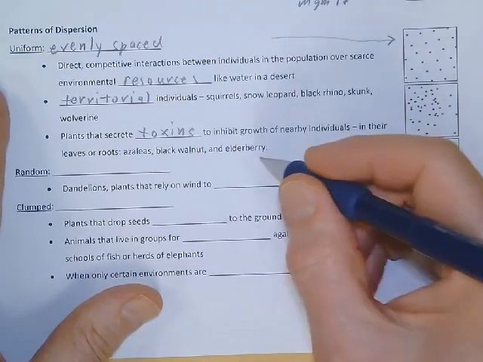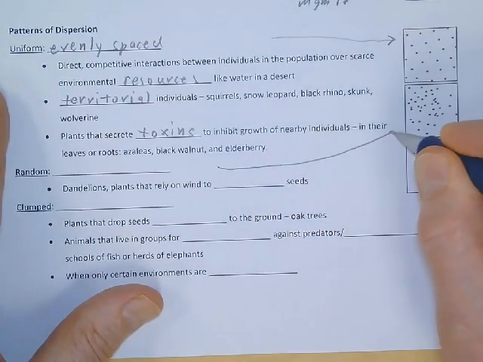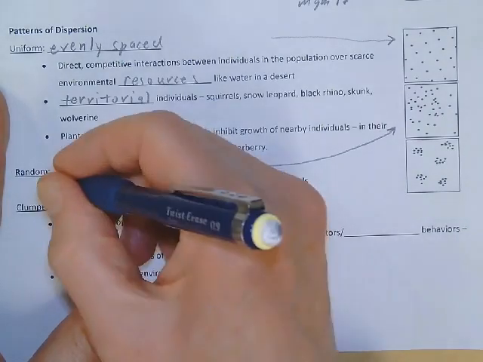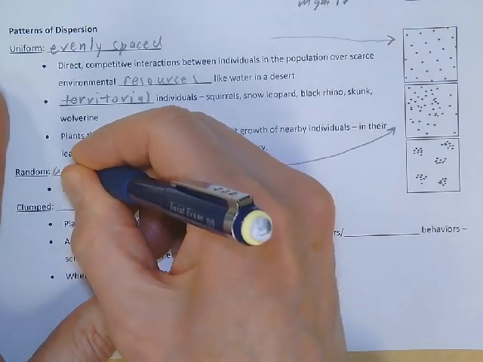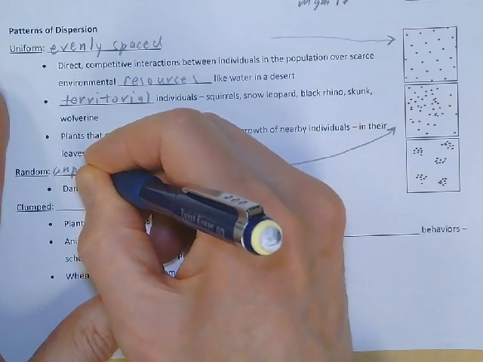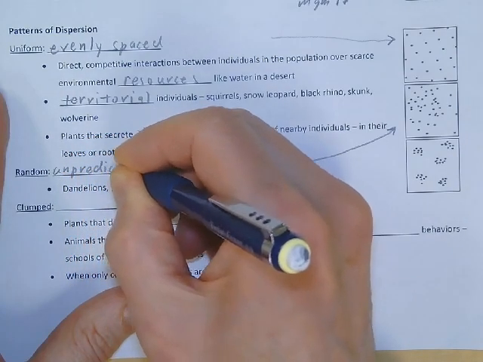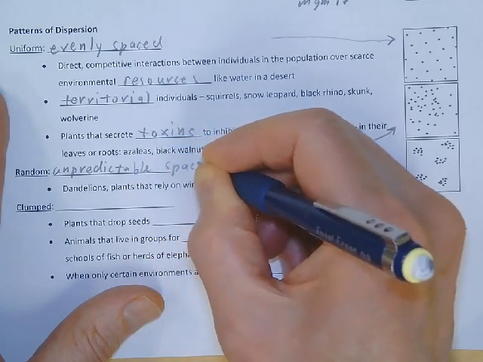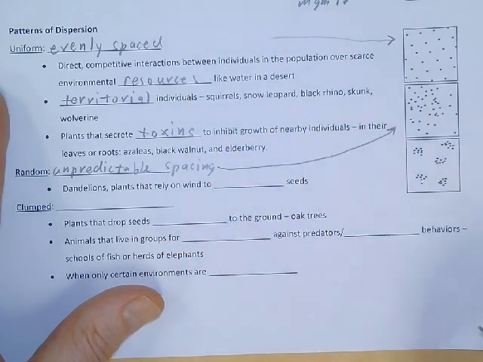Okay, so the next sort of distribution is the random distribution. It's completely unpredictable. And this is often the case for organisms that are distributed by wind or water currents.